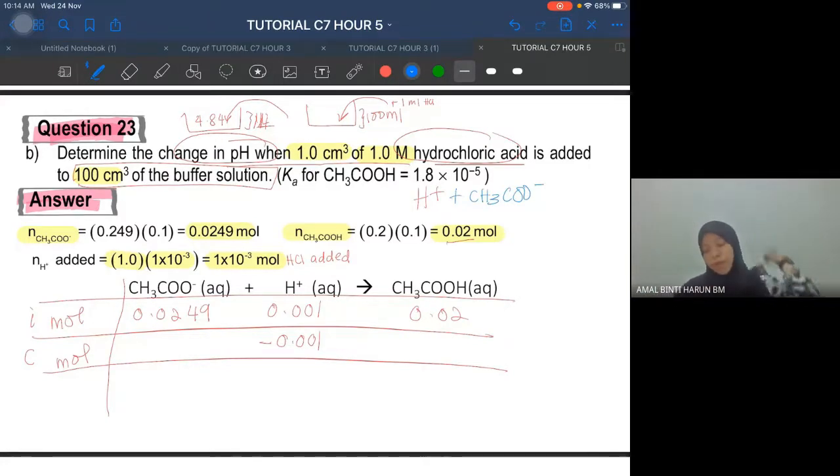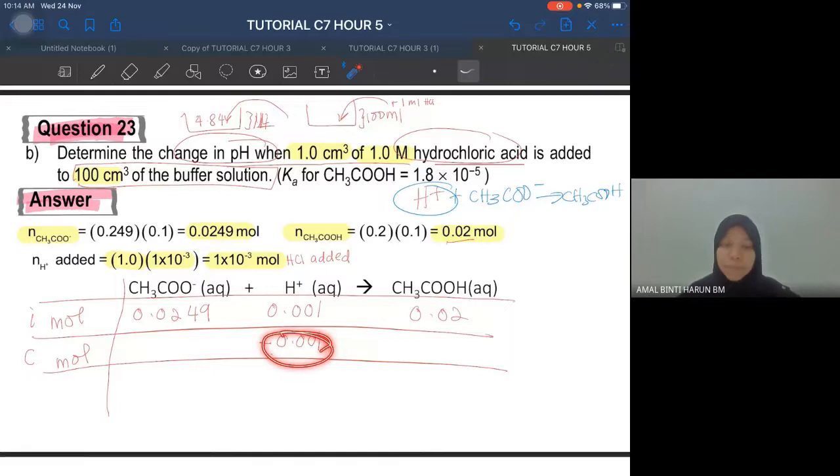Okay, so all of the acid added is neutralized by the base component of the buffer, which is the ethanoate ion, to produce CH3COOH. So this amount is being neutralized, all of them. So how much will the ethanoate ion reduce? The same amount, which is 0.001.